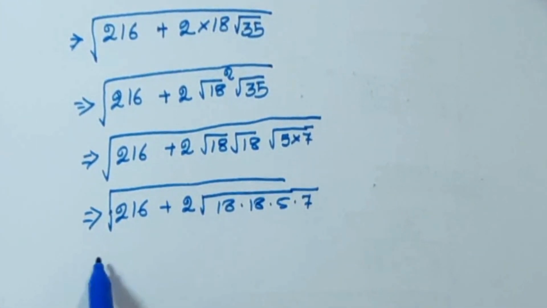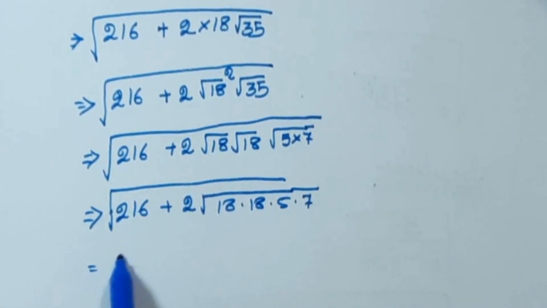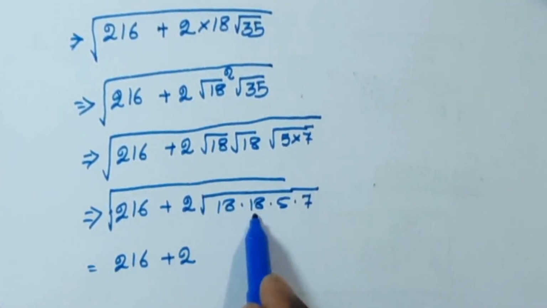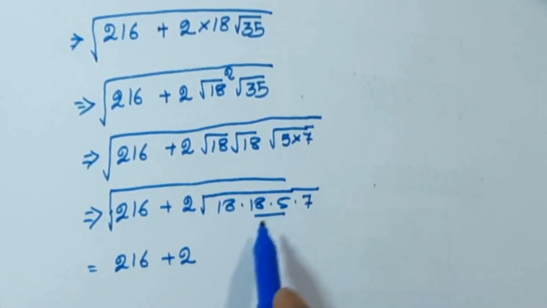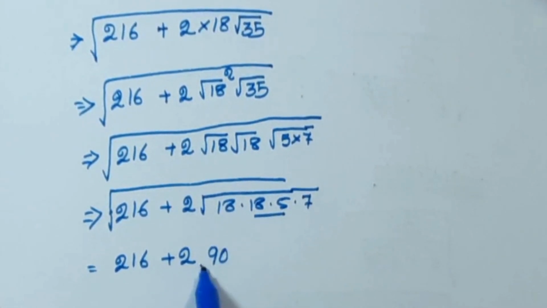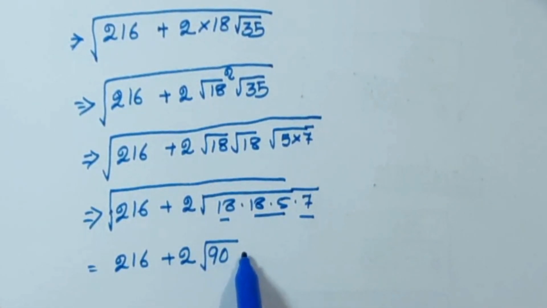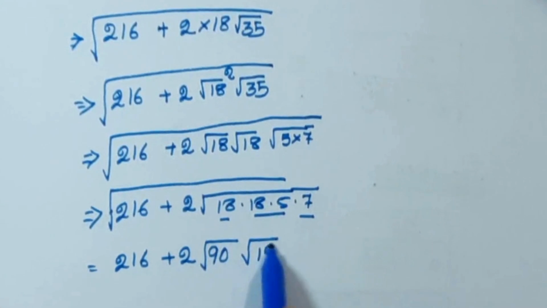Now 216 plus 2, we are multiplying this square root, also we are multiplying this. This is square root of 126.